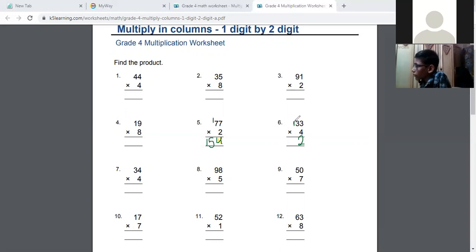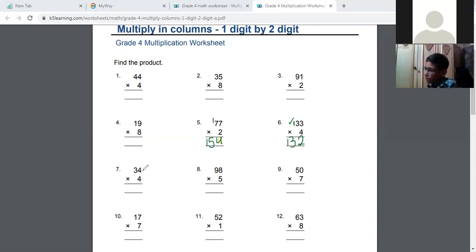Now 4 threes are 12. Okay, and add the carry with 12. 12 plus 1. Yes, then tell me 12 plus 1. 13. Excellent. 13. Okay.